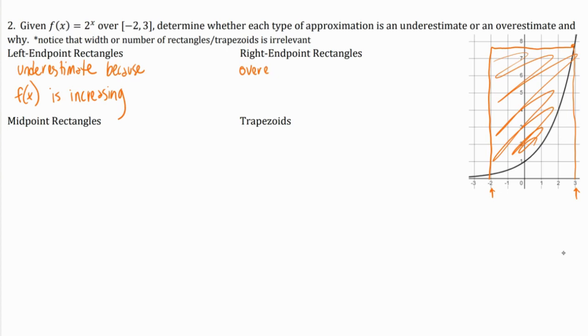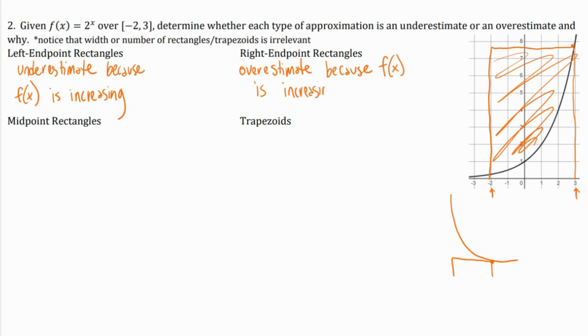Again, that's why I say just set it up with 1 or 2 so that it's really clear for you whether it's going to be an underestimate or an overestimate. What is it about the function that makes it an overestimate? Whereas if it looked like this, a right endpoint rectangle would be an underestimate. That's because f of x is increasing.